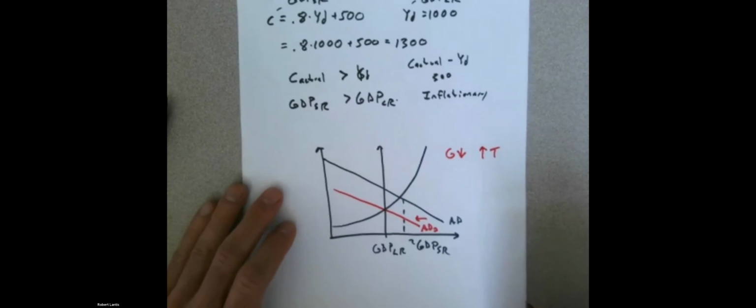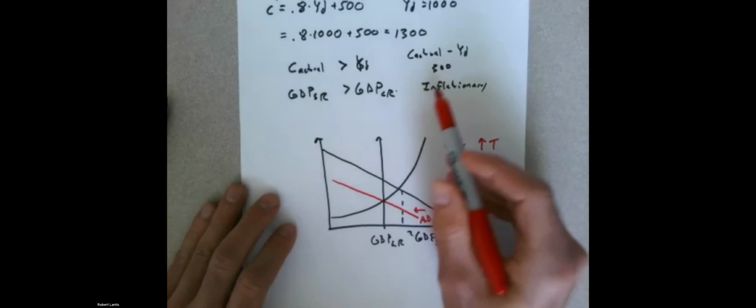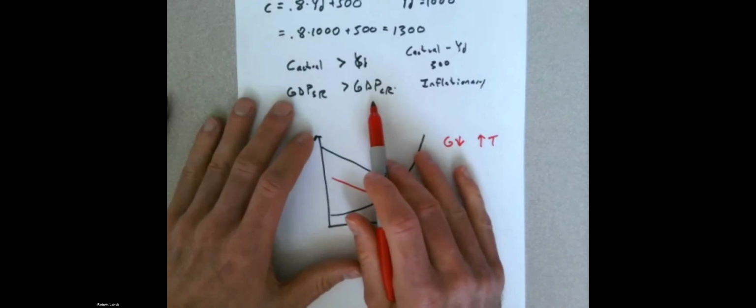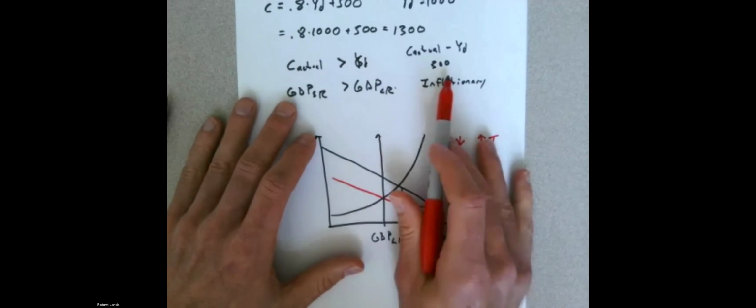Okay. So what level of government spending would close this gap? Here's where it gets a little tricky, because we've identified the gap in short and long run GDP. It's 300. However, we want to reduce GDP by 300. So when we're thinking about that change in real GDP, it's equal to the change in government spending times that multiplier. If we go back to our consumption function, our marginal propensity to consume was 0.8.